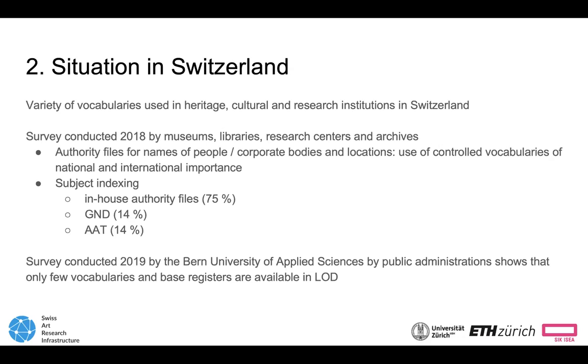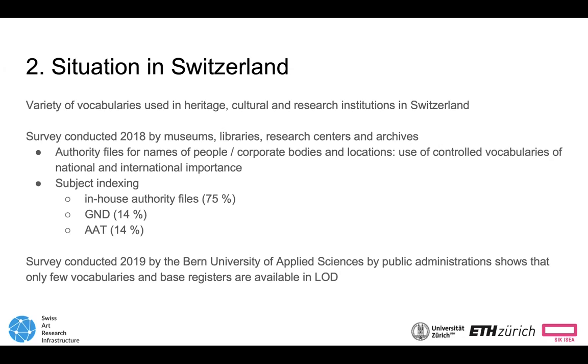75% of the respondents say that they use in-house authority files, 14% say that they use GND, and 40% say that they use AAT. The scope of this survey concerned only institutions in the domain of art history and related disciplines.